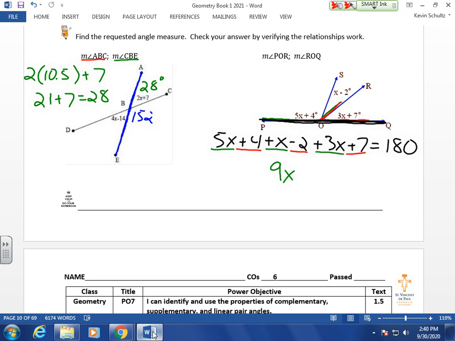Positive 4 minus 2 plus 7, we end up with, anybody? Positive 9. So we have 9x plus 9 equals 180. It is perfect, isn't it? How it all fits together, it's lovely. Anyway, subtract 9 from both sides. We get 9x equals 171. Divide both sides by 9 to get x by itself.